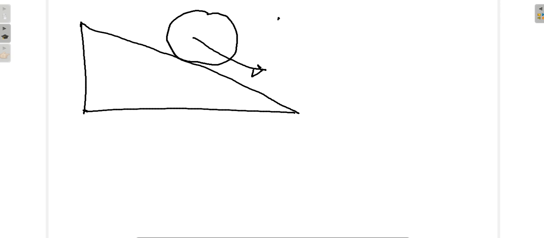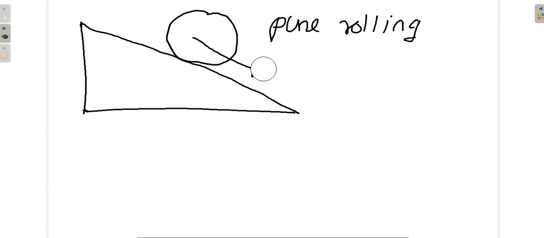So let us understand that the sphere is rolling down, and let us talk about pure rolling again. If you remember, previously I told you, in case of pure rolling there is no force of friction, but I hope you also remember that I had put a condition that in case of rolling there will be no force of friction provided there is no external force.